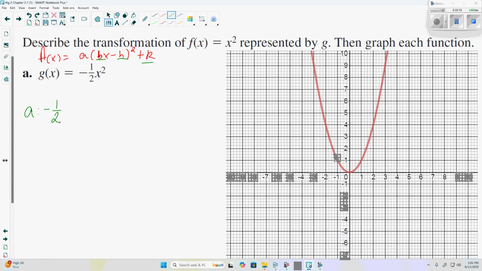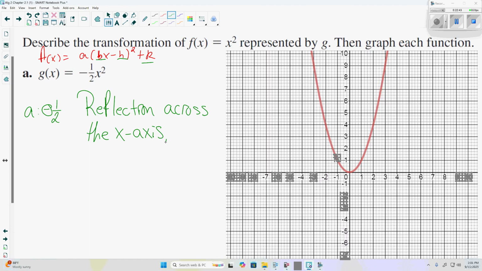And that a value is negative 1/2, yes? How many transformations do we have here? We have 2, because we have the 1/2 and we have the negative. The negative, specifically, is telling us that we have a reflection across the x-axis.